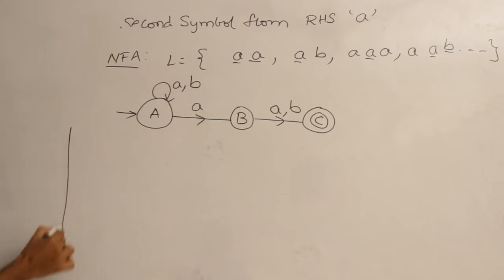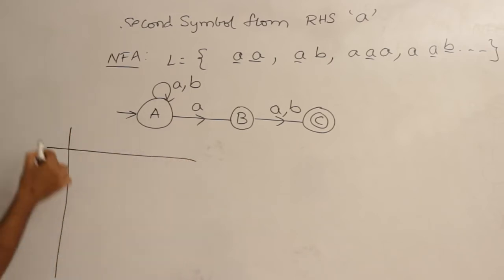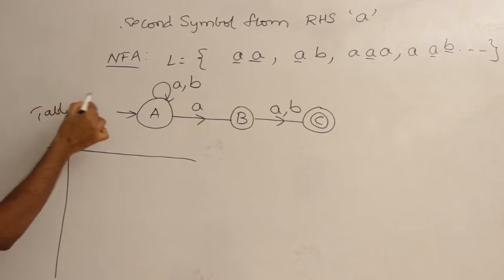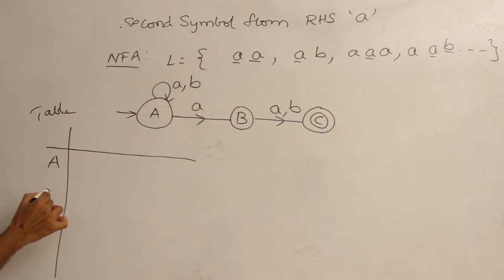Now first let me draw the state transition table for NFA itself. Capital A, capital B, capital C. A is the start state, C is the final state.